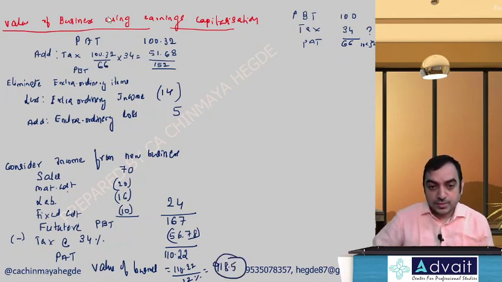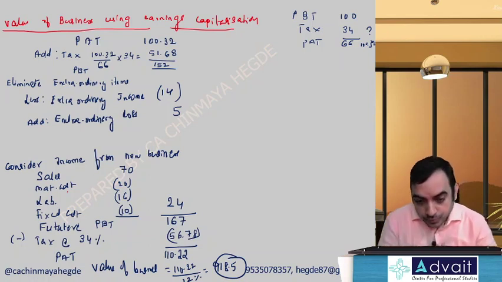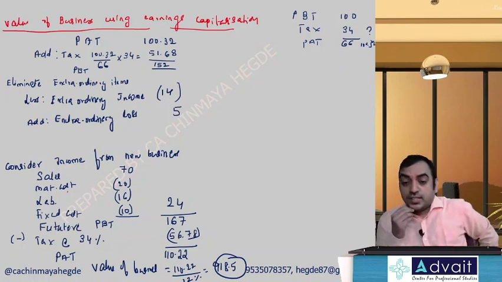Value of business. Value of business is income by cost of capital, the expected rate of return.